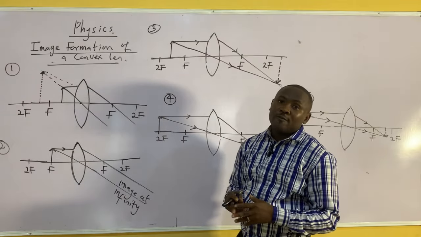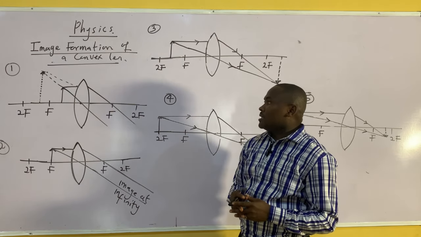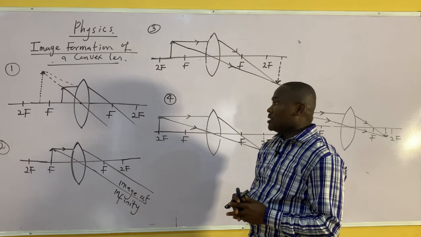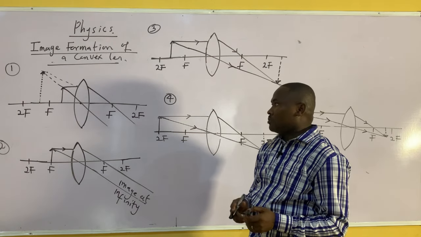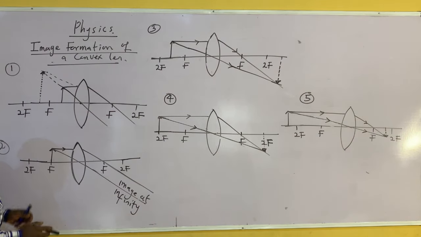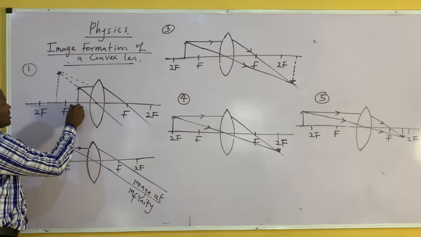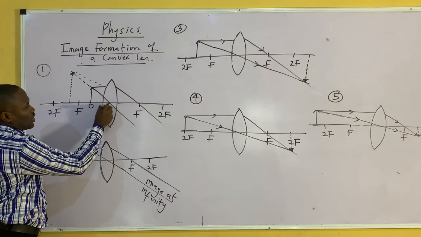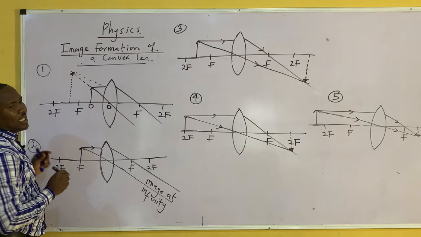Now let's look at image formation in convex lenses. Convex lenses can produce various kinds of images depending on where the object is placed. For example, number one, we have the object in between the principal focus and the optical center of the lens.